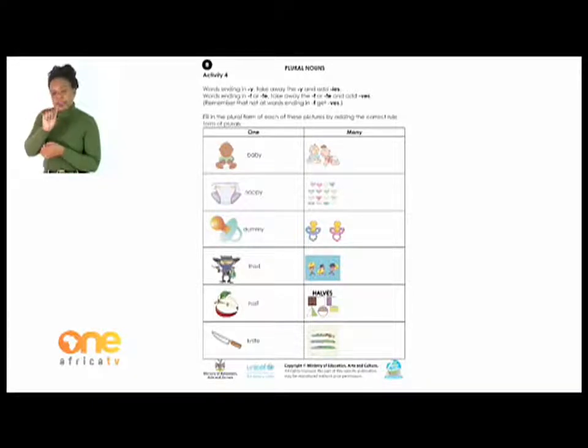We are having the thief there, and there are now many. How do you pluralize it? The F or FE rule, where you are throwing the F or FE and replace with the VES. Thank you so very much. I want to believe that we are all following, because I know you are good boys and girls.